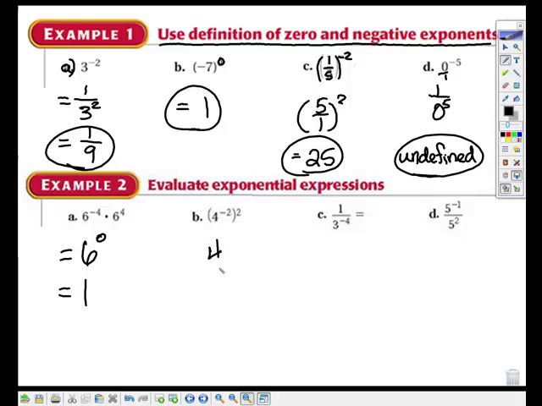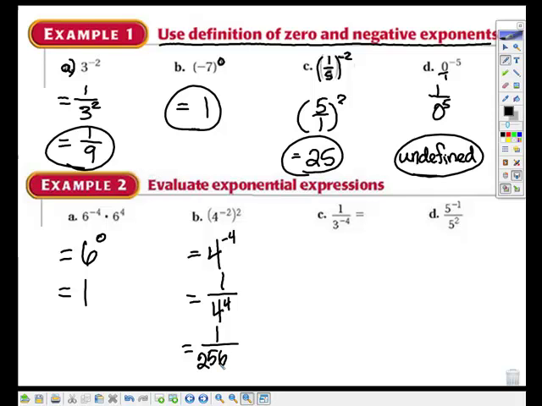The base will stay 4. Negative 2 times positive 2 is negative 4. So after we get this, this is going to change so it has a positive power, being 1 over 4 to the positive 4th power. And now 4 to the 4th power, you need to grab a calculator to do that, but it's 256, so it's 1 over 256.